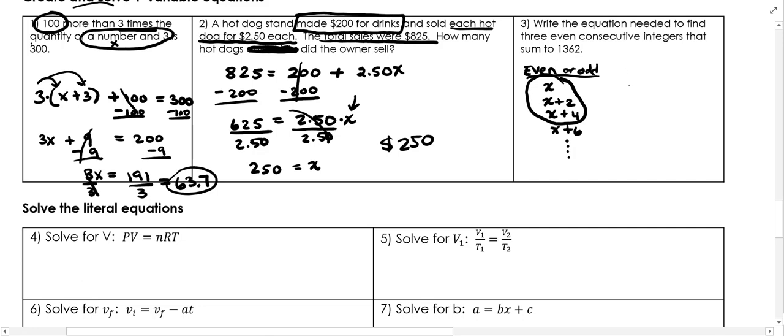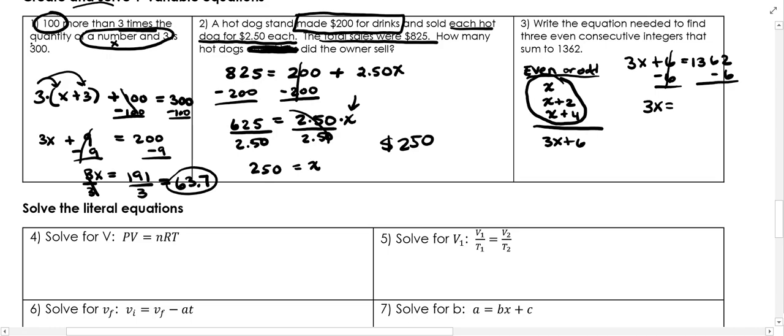All right, so let me get rid of this part right here. So that's 3x plus 6. So 3x plus 6 equals 1362. Subtract 6 on both sides. We have 3x equals 1356.